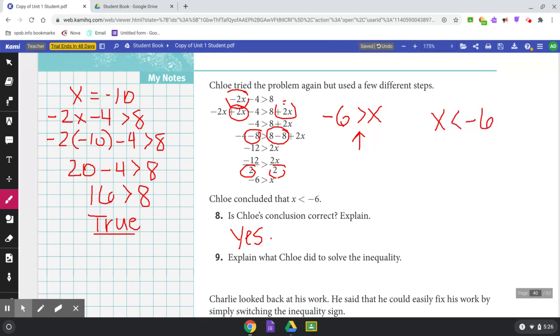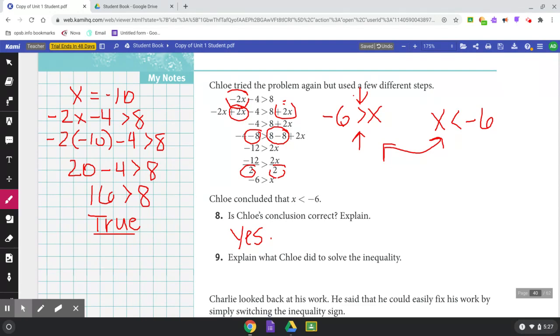These two mean the same thing. Just make sure you don't make the common mistake of thinking that this reads x is greater than. X is less than. So explain what Chloe did to solve the inequality. She added 2x, subtracted 8, and then divided by 2.